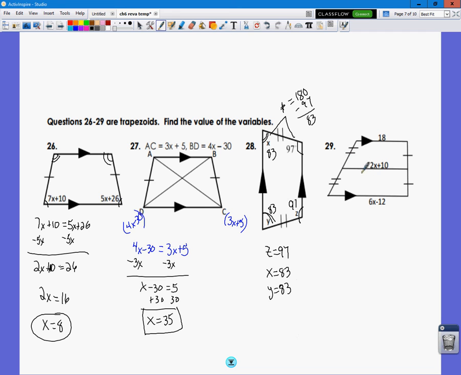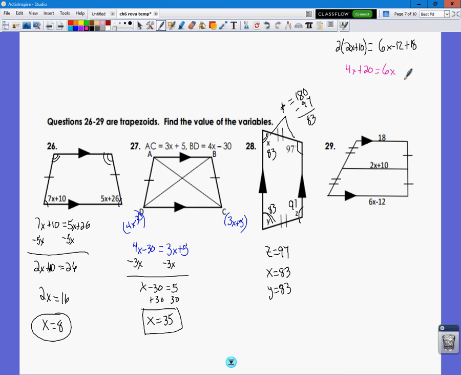In problem number 29, the 2x plus 10 is a mid-segment of a trapezoid. It's a mid-segment because it's connecting the two midpoints. I can take 2 times the mid-segment and set it equal to the sum of the two bases, 6x minus 12 plus 18. Distributing gives me 4x plus 20.